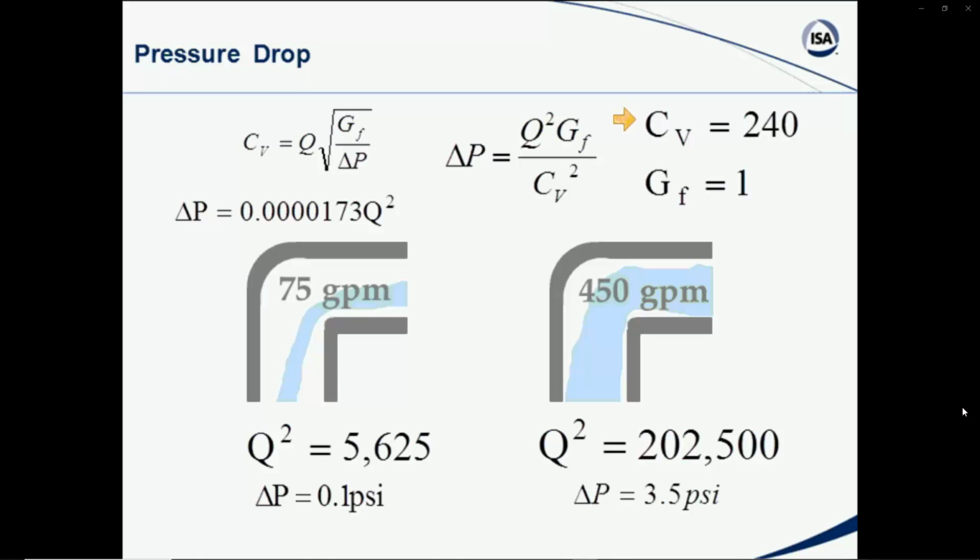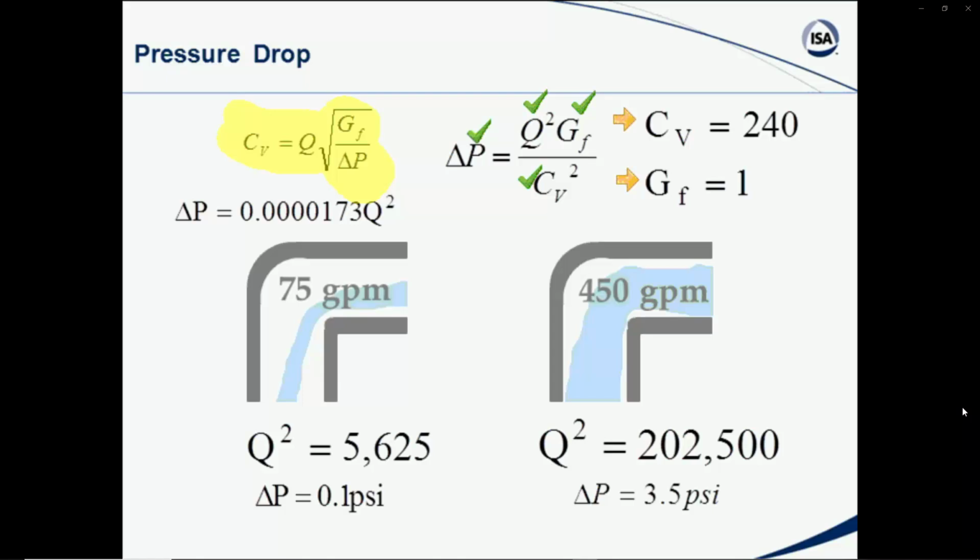This particular device is a fixed opening. We're going to say it has a flow coefficient of 240. We're going to put water through this. And if we wanted to calculate the pressure drop through that elbow, the equation would be Q squared times G divided by C sub V squared, again based off the base equation that's shown at this point here.